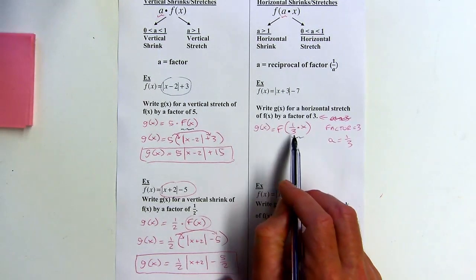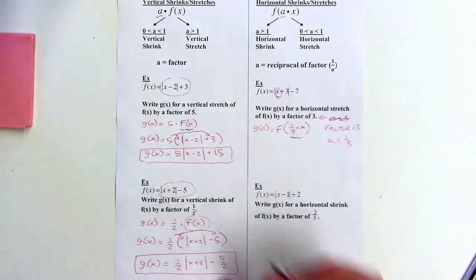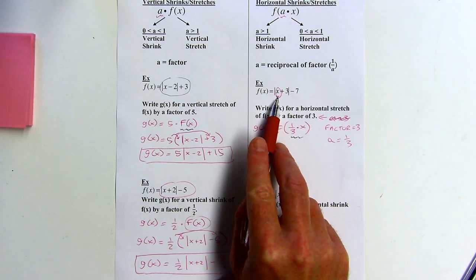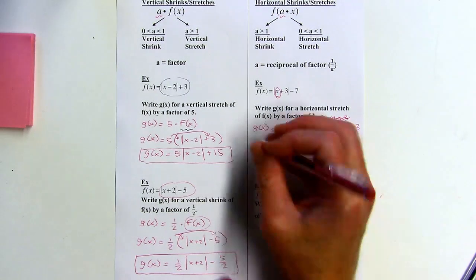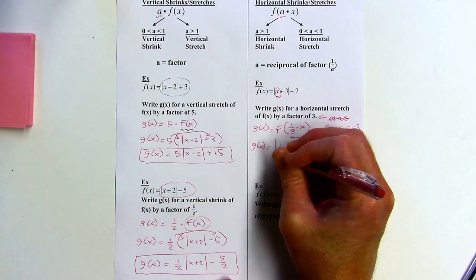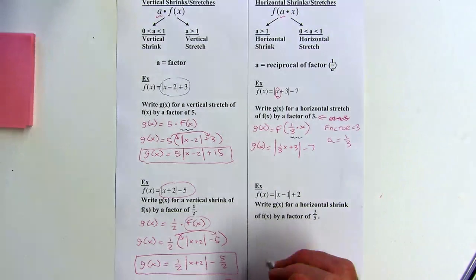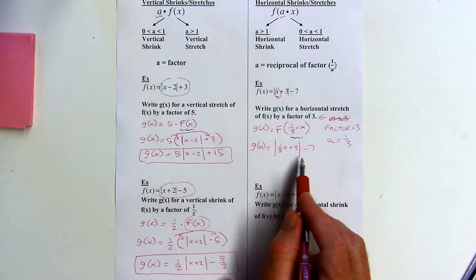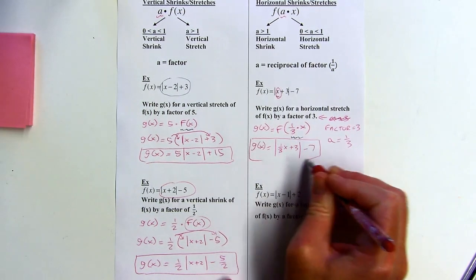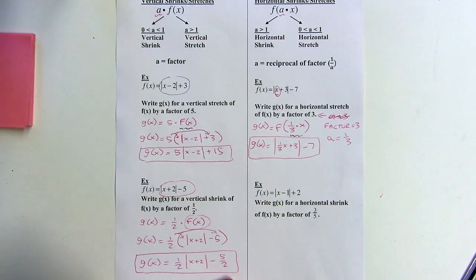If I want f of 1/3 x, well then I've just got to replace the input with 1/3 x. So I'm going to replace that x with 1/3 x. All right. So that means g of x, I'm going to take 1/3 x, still got the plus 3 and the minus 7 out there, an absolute value, and there's nothing else that I can do. I can't simplify any further than that, really. So really you're just replacing the x with a 1/3 x, all right?